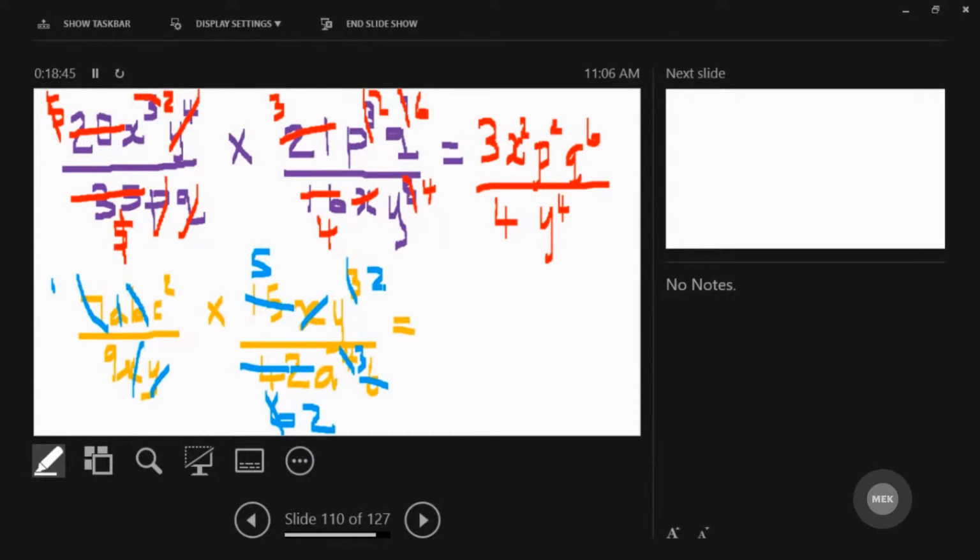So what we're left with, at the top we have a 5, we have a c squared, and we have a y squared. At the bottom we have 9 times 2, which is 18, and we have a to the 3rd power.